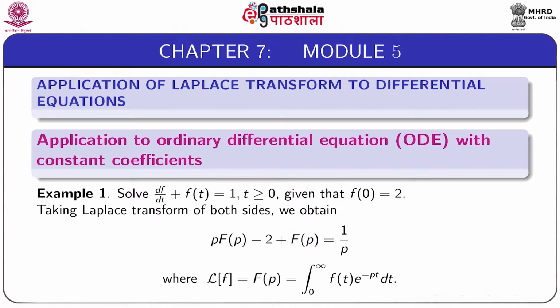And this gives pF(p) minus 2 plus F(p) equal to 1 by p, where capital F(p) is the Laplace transform of small f, which is equal to integral from 0 to infinity f(t) e to the power minus pt dt.